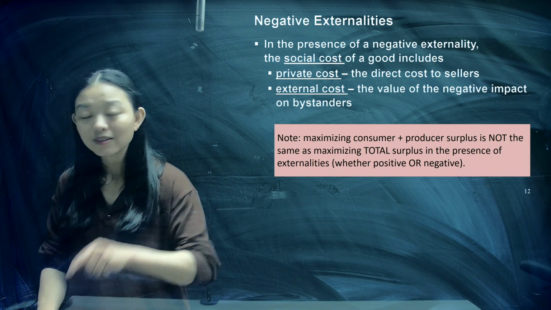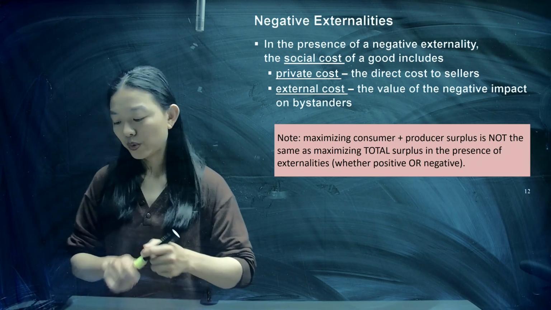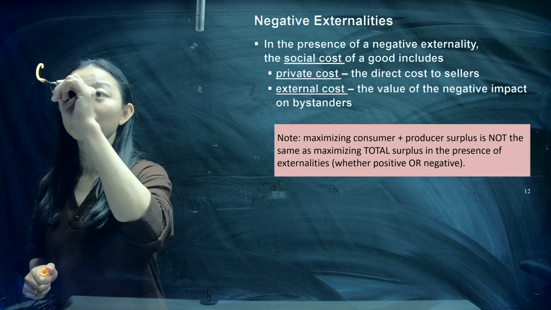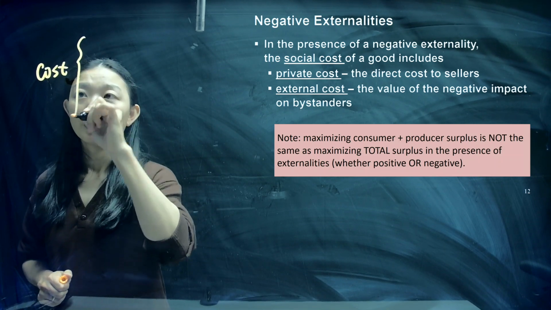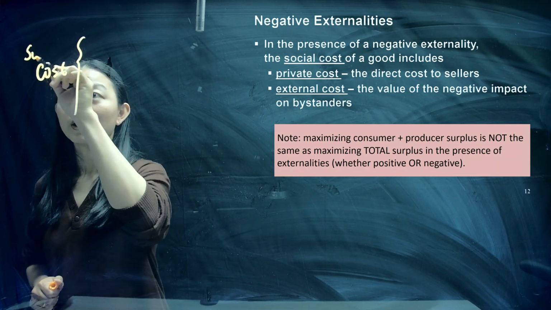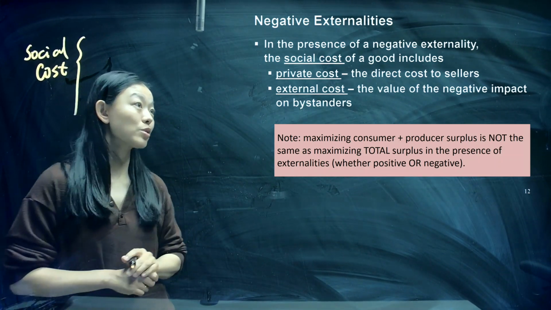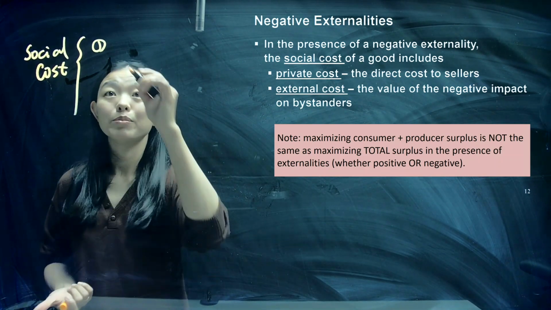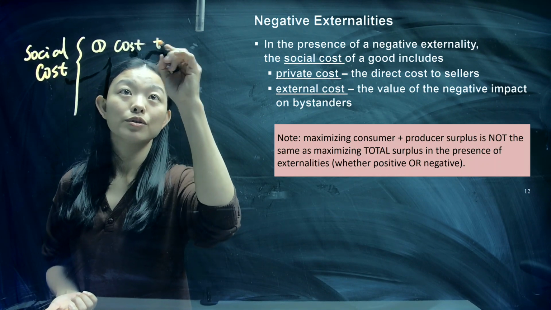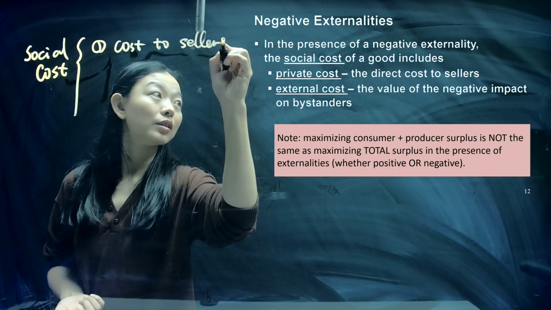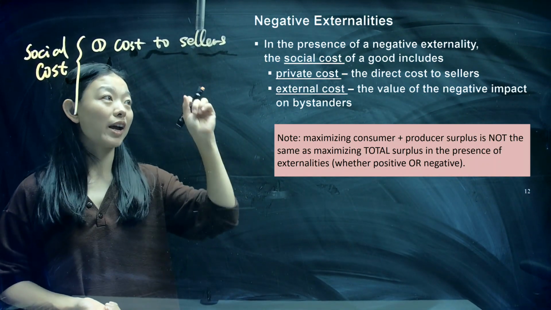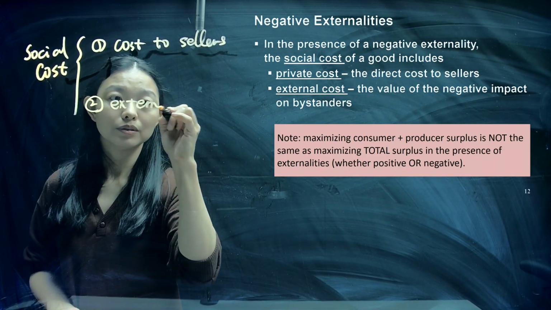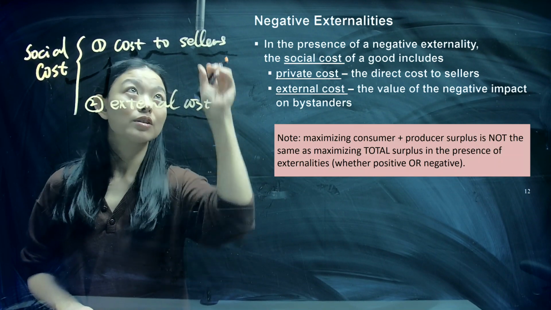So the cost now includes two parts, and this is what we call the social cost. The first one is the original cost that we learned before, the cost to sellers. It will also create another type of cost, which is external cost.